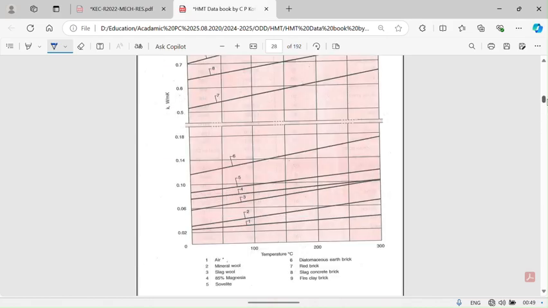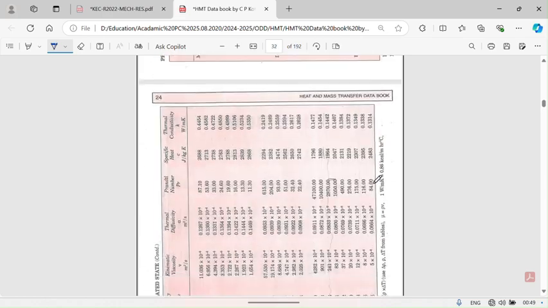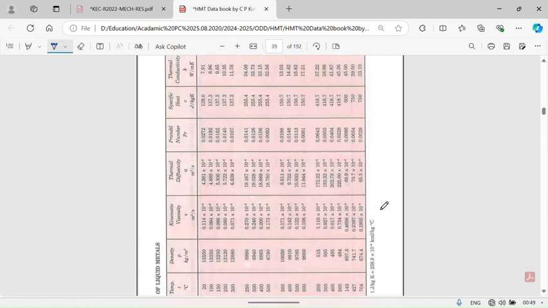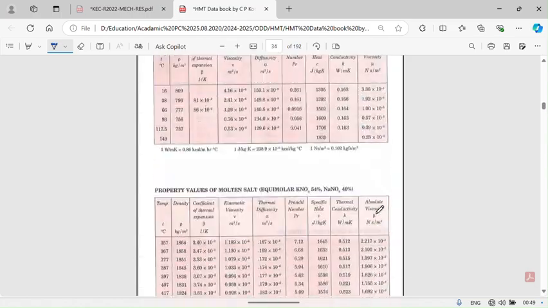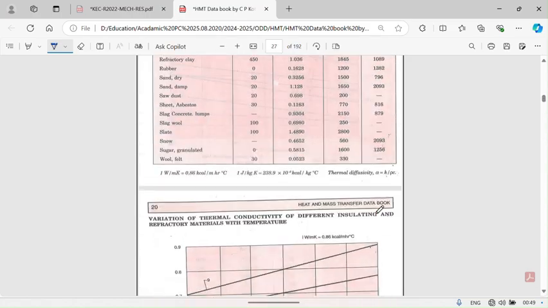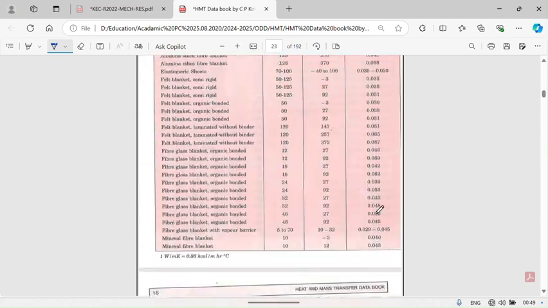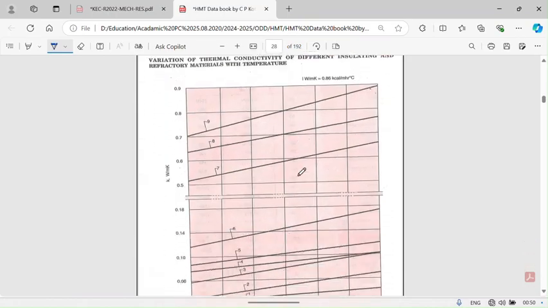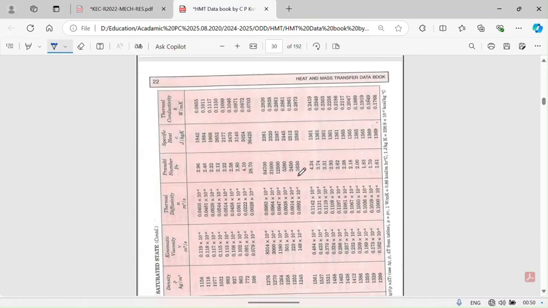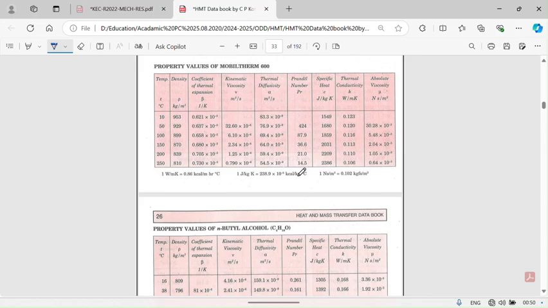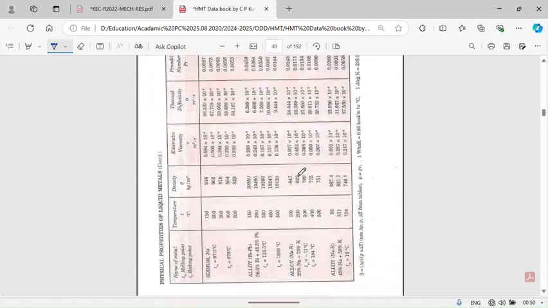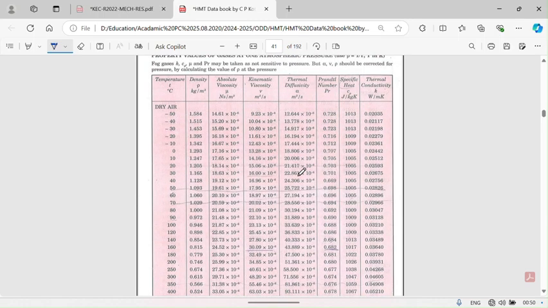Here, air is the fluid. In the case of air, what may be the value for the Prandtl number? Just note that. At 60 degrees Celsius, this is the value.